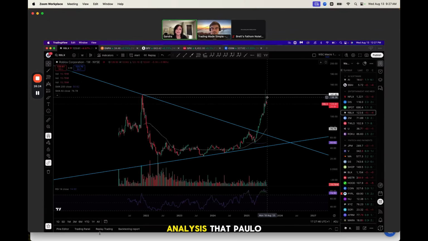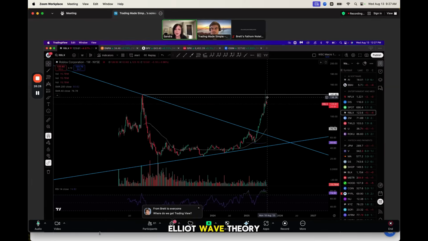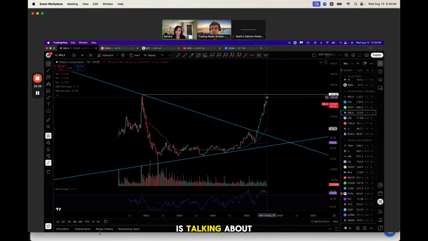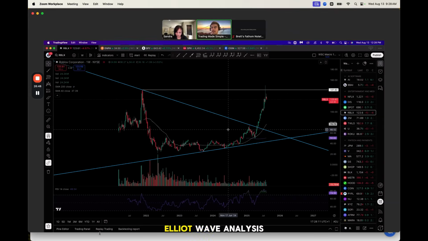Roblox. This type of analysis that Paulo is doing is specifically called Elliott wave theory. This is a way of analyzing price action in waves, and that is exactly what Paulo is talking about right now. Perfect. So applying Elliott wave analysis, also Weinstein market stages, we can do pretty solid projections for price action for different indices, ETFs, tickers.